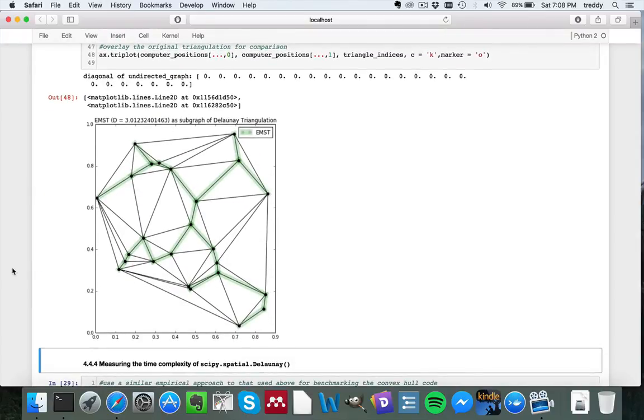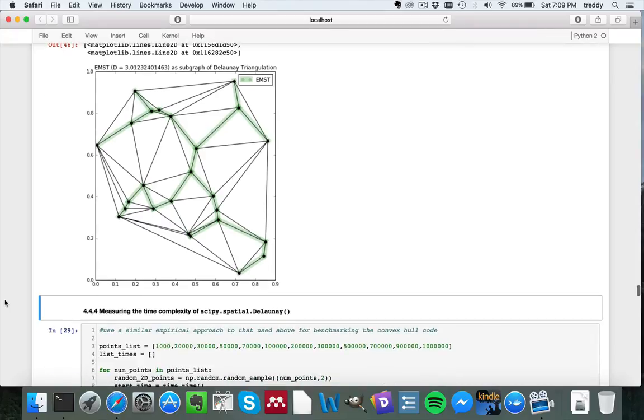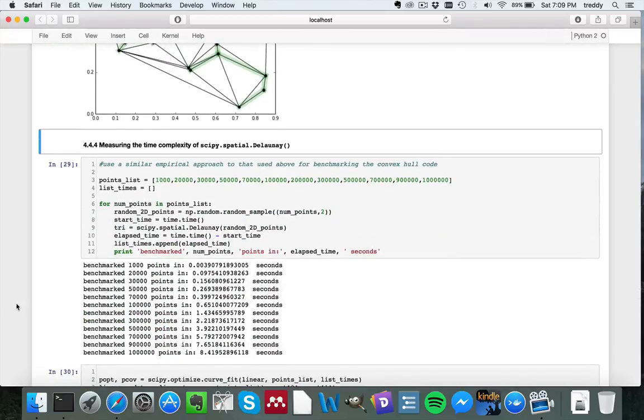But certainly I hope this is a compelling example of how you can use Delaunay triangulations on potentially real-world problems where you're trying to do something economically in a network using the minimum amount of wiring, for example.